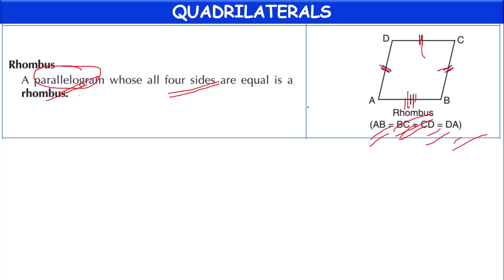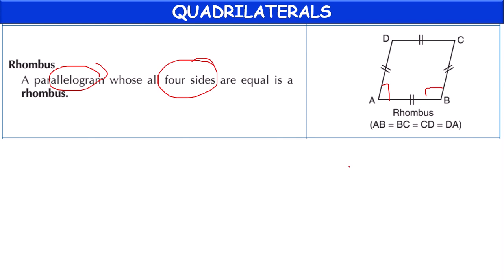So in the rhombus, it's a parallelogram, all four sides are equal. Here the angles, there is no compulsion that each angle is equal to 90 degrees. Regarding the angle, we have not mentioned anything in rhombus. We have told just it is a parallelogram, all four sides are equal.